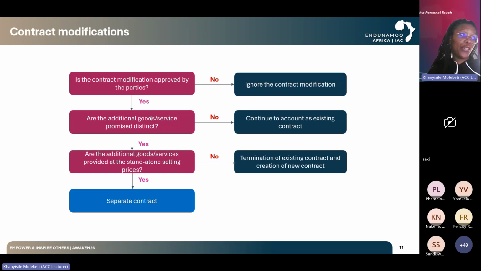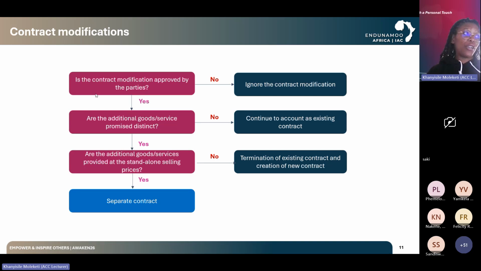The third scenario is if we have additional goods or services, but we are not providing these additional goods or services at their standalone selling price. That was the last example: initially we were selling 20 water bottles at 50 Rand each. We made a modification, so we changed the contract and said we're going to add another 5 bottles.